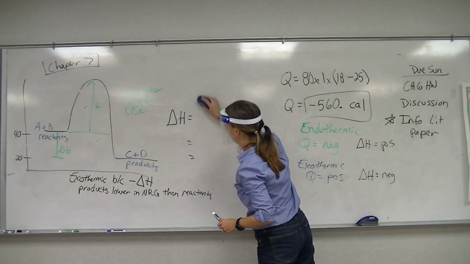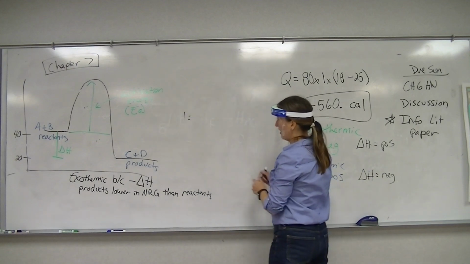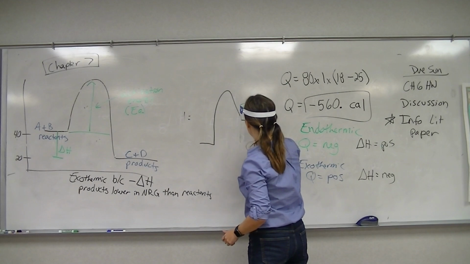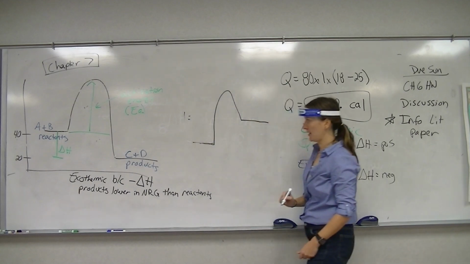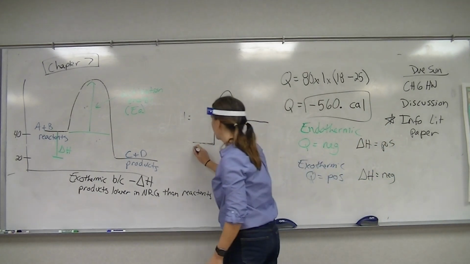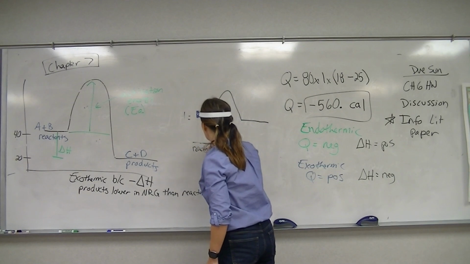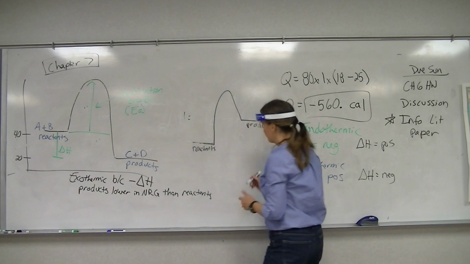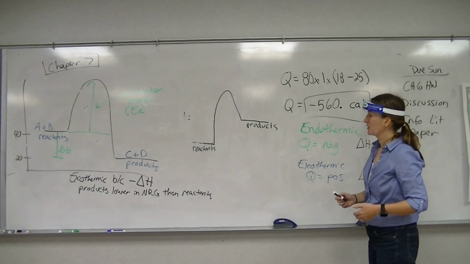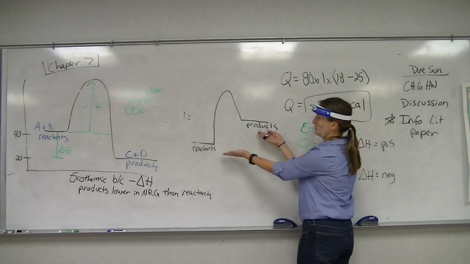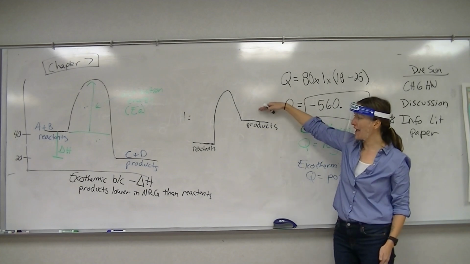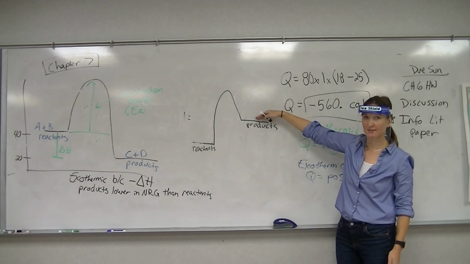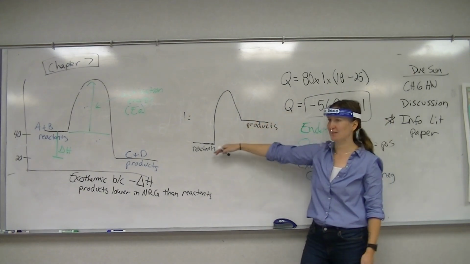For example, if I had, I'm just going to draw a makeshift one, this reaction coordinate diagram. These are my reactants. These are my products. So, looking at this one, my products are higher energy. And I take my products, that H final, minus my reactants.